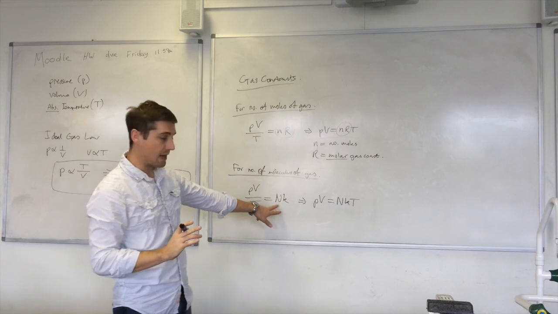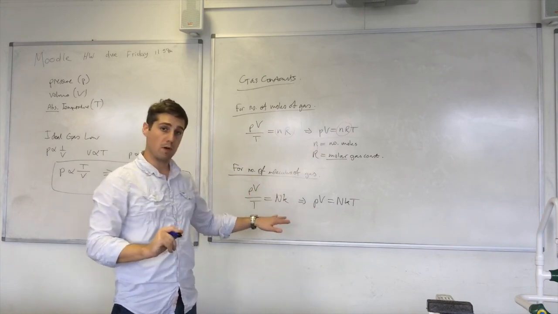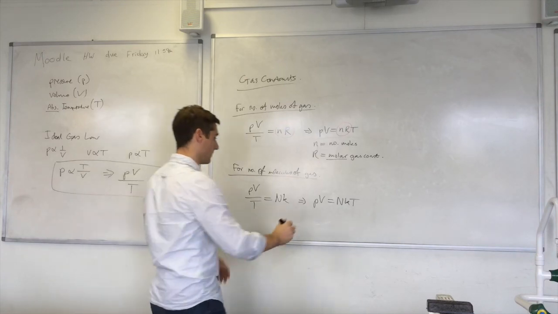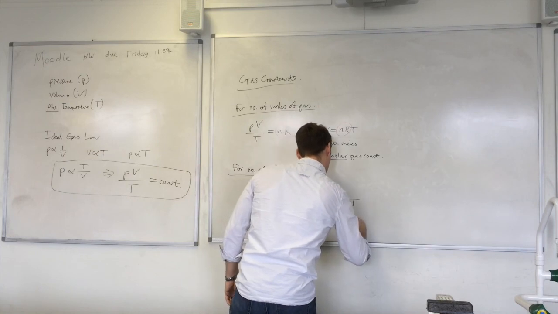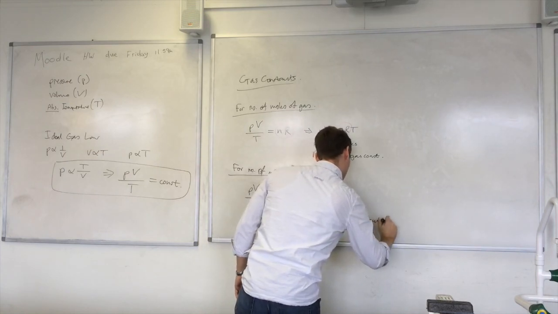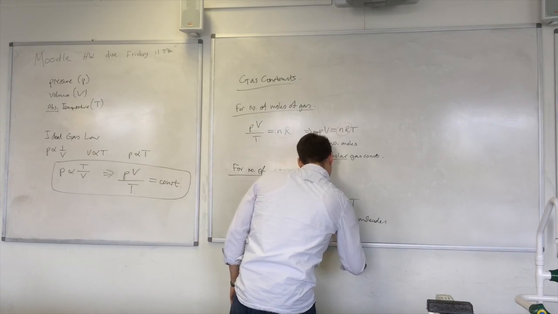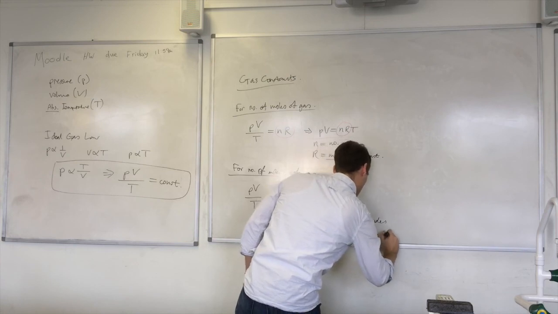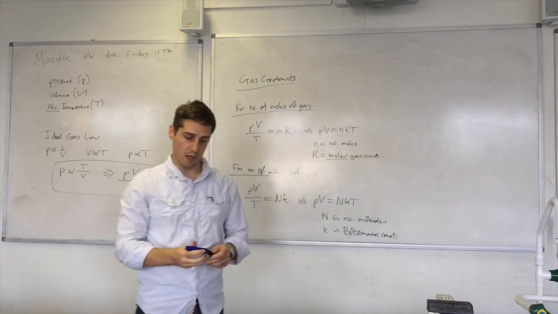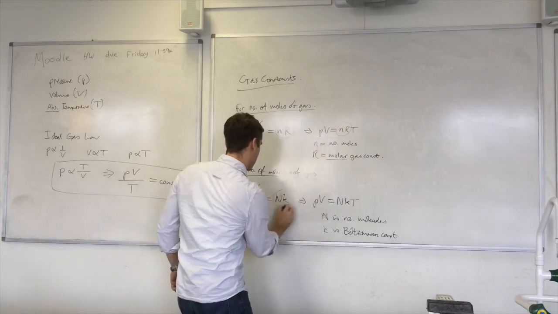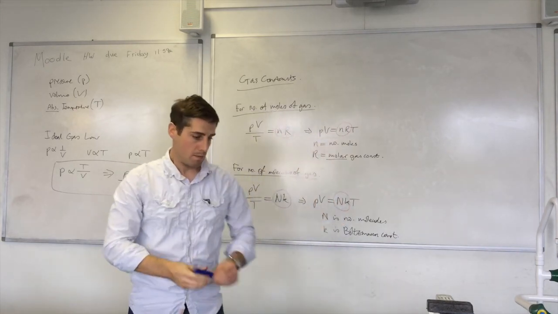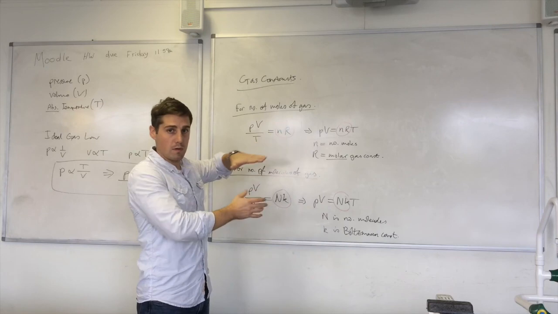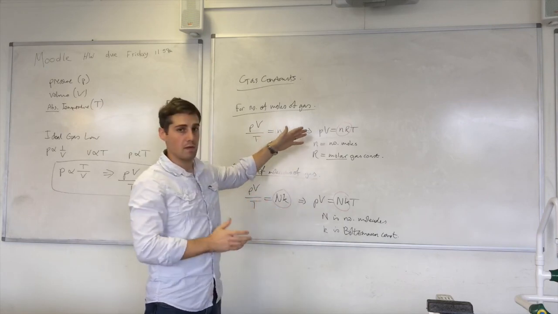The N is different this time, it's a capital N. N meaning number of molecules, K being the molecular gas constant, which is called the Boltzmann constant. So it's the molecular gas constant with those terms. Both equations work, and they'll give you the same answer for equivalent data.